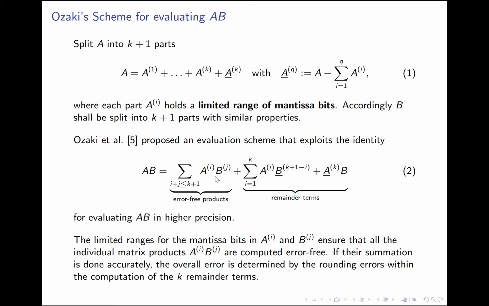So when evaluating the right-hand side of 2 with an accurate summation algorithm, the overall floating point error is determined by the individual floating point approximation errors within the matrix products of the k plus 1 remainder terms. Since they are the least significant terms, the overall precision increases.